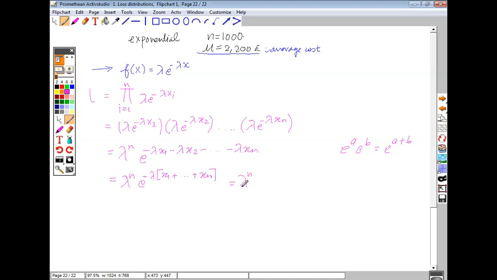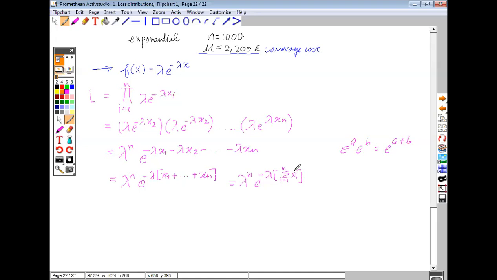That's correct. And is there any more simplification? Any other simplification that I can do? No.